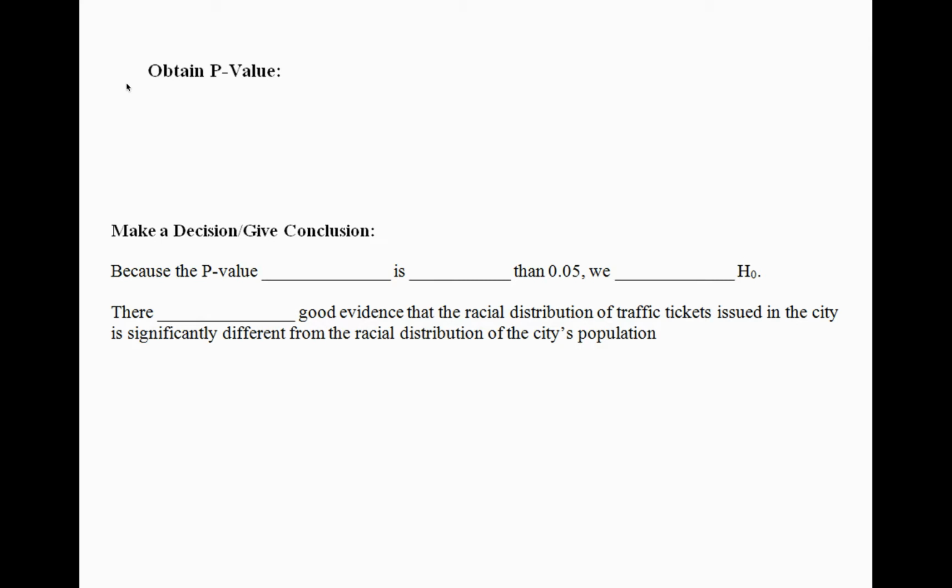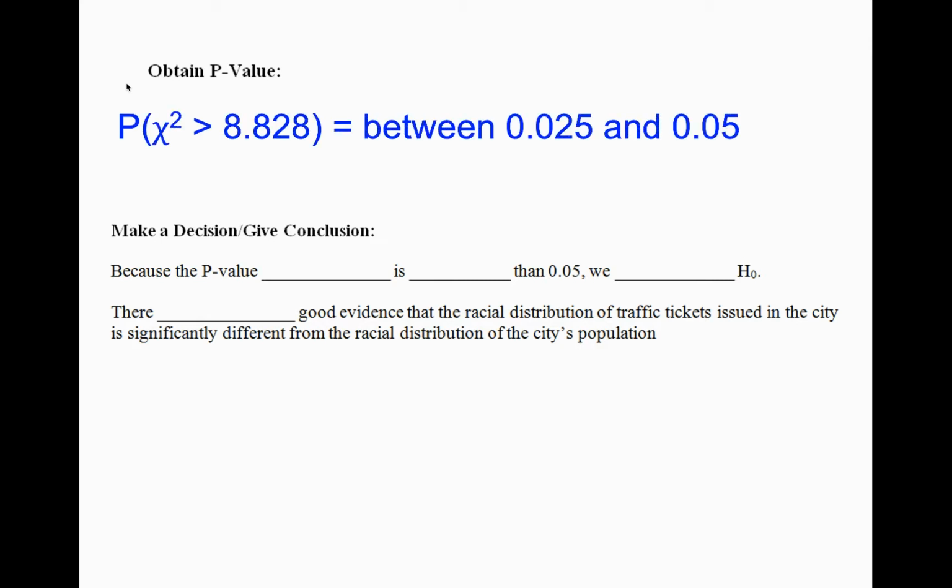So follow those values up to the column at the top, and that gives us a p-value of between 0.025 and 0.05. So the probability that our chi-squared test statistic is greater than 8.828 is somewhere between 0.025 and 0.05. So that's a pretty small probability.